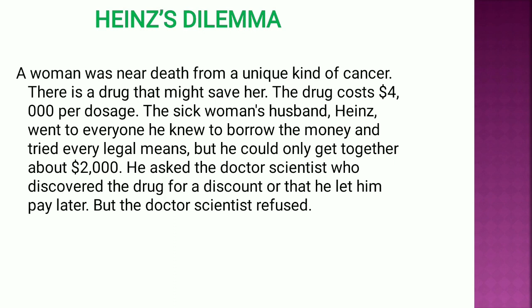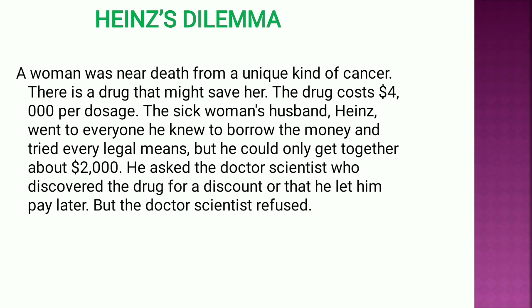He asked the doctor-scientist who discovered the drug for a discount, or to let him pay later. But the doctor-scientist refused the proposal. So this is the case, and we are going to study the dilemma reasonings. According to level 1, stage 1 is punishment avoidance. Pro: hopefully he won't get caught.